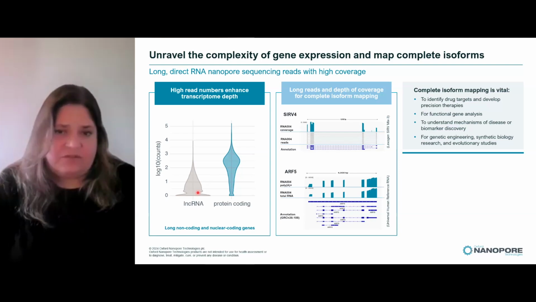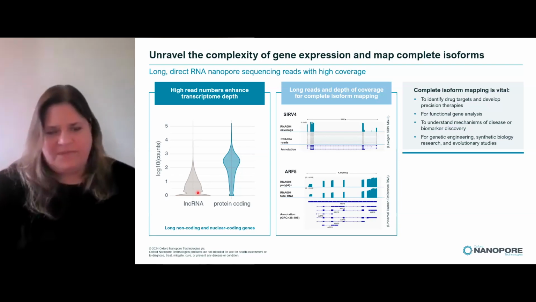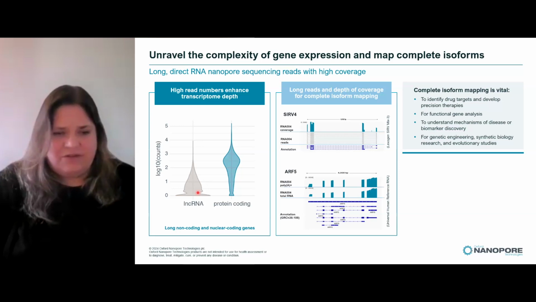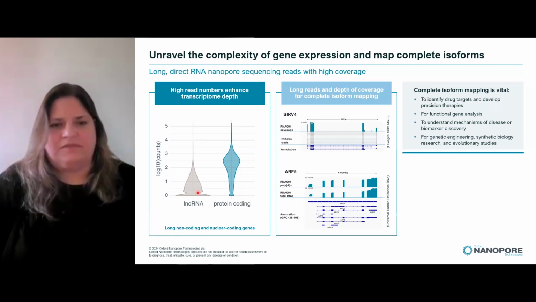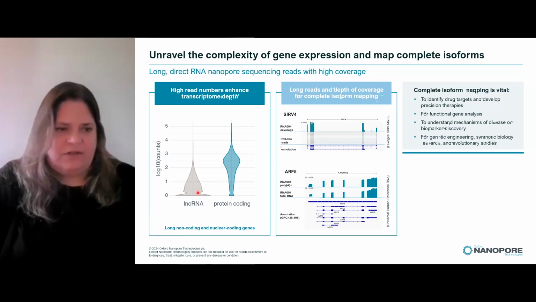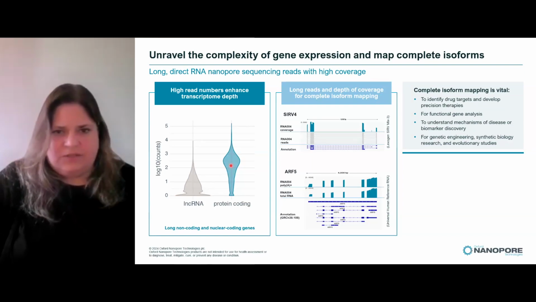Whereas here they just come for free. If they're there, you'll find them, which is really good, and we get good representation of that. So this is a new and exciting field of people to dig deeper into long non-coding RNAs. And then also for protein coding RNAs, it gives you good identification of looking at transcriptome representation.